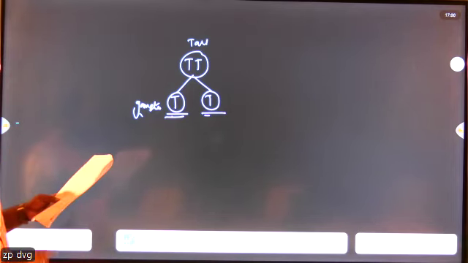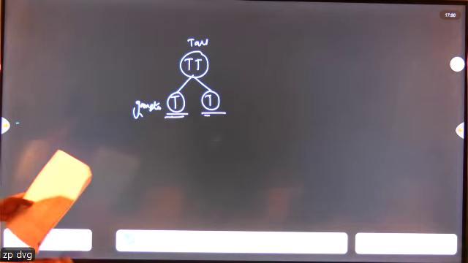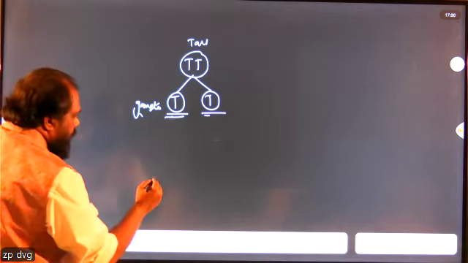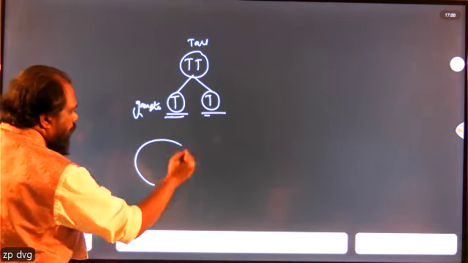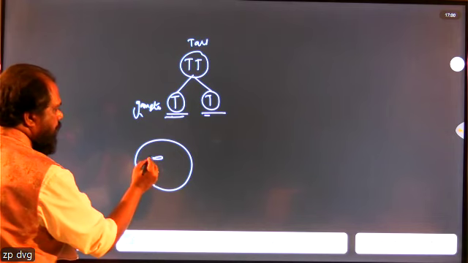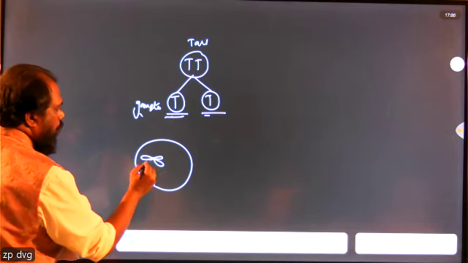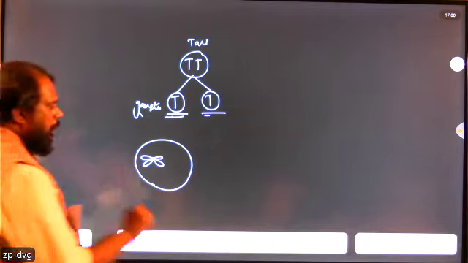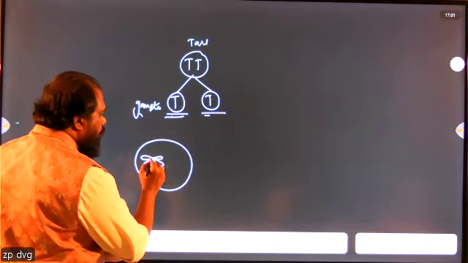Chromatids of a chromosome split and move towards opposite poles during anaphase of mitosis. Correct. See, for example, imagine cell division. Imagine one chromosome is there. Now, what happens to the chromosome during anaphase?